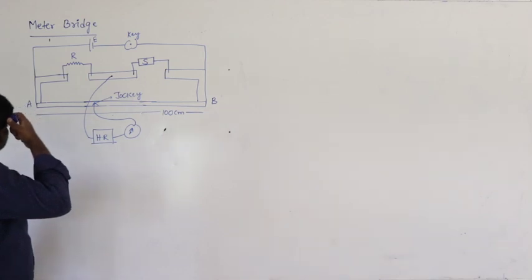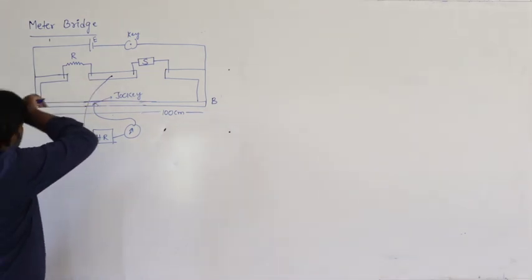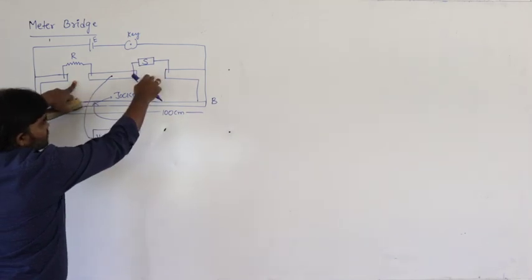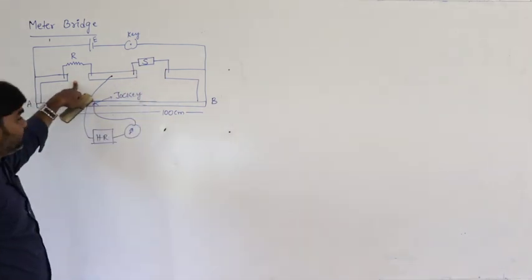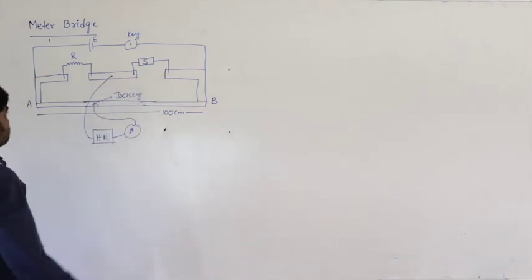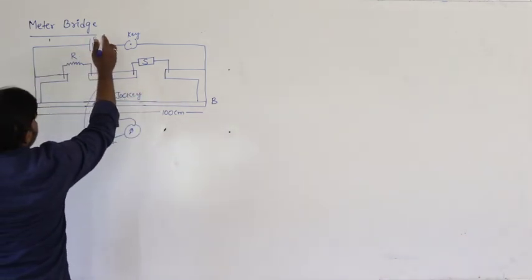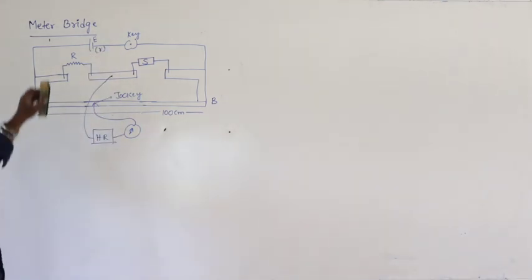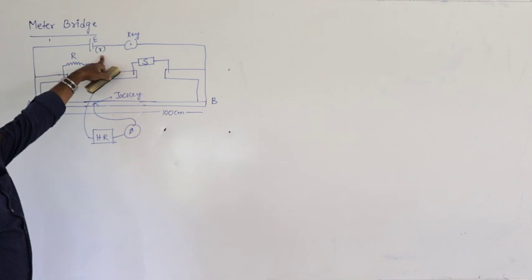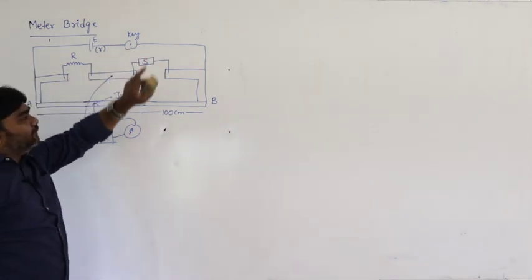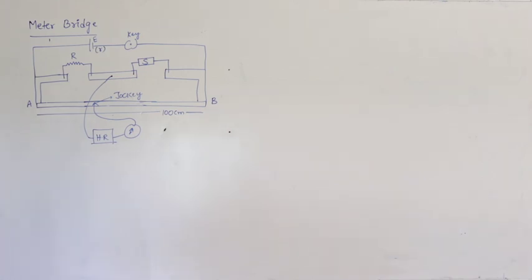These are the metal pieces, the left gap and the right gap. A cell of EMF E and internal resistance r is connected like this, and this is the key.